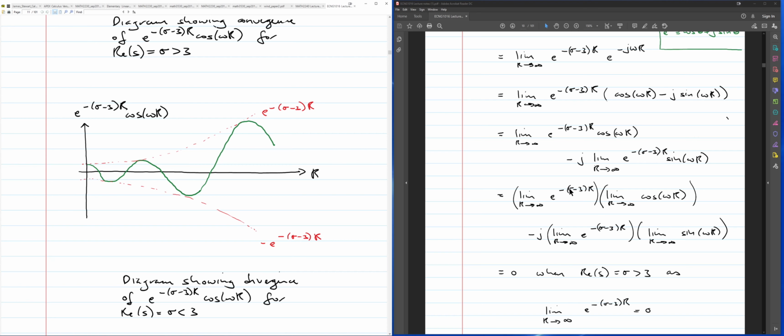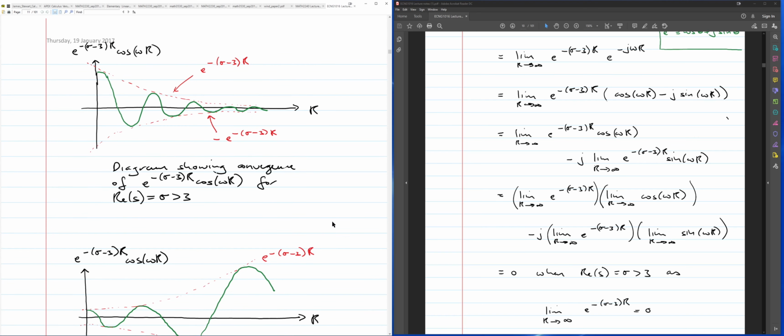Because when the sigma is bigger than 3, what you're going to have looks like this, decaying down to 0. We talked about this: an exponential, when the coefficient in front of the r is negative, is going to head to 0.